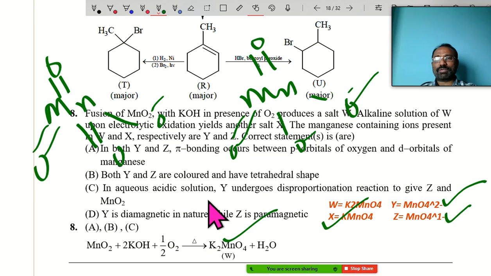In aqueous acidic solution, Y undergoes a disproportionation reaction to give Z and MnO2. That Z is nothing but KMnO4. That is also a right statement. And Y is diamagnetic in nature while Z is paramagnetic in nature. Here the reverse is the case: Y is paramagnetic and Z is diamagnetic.